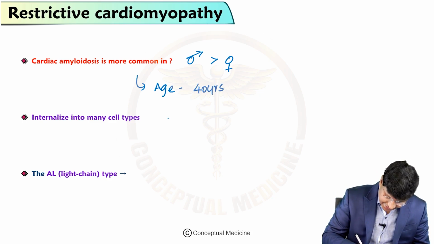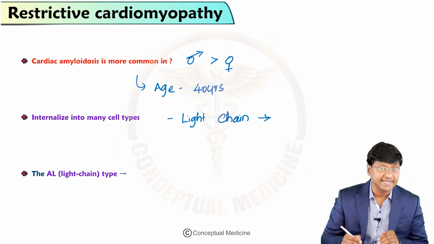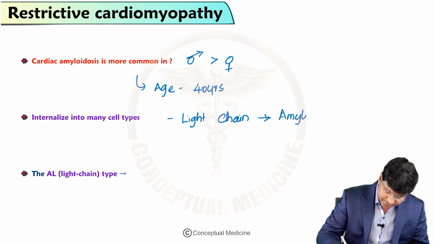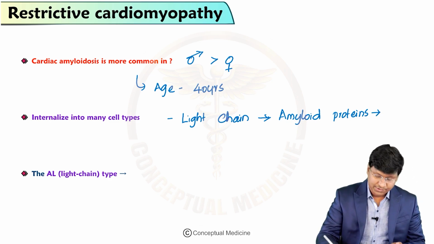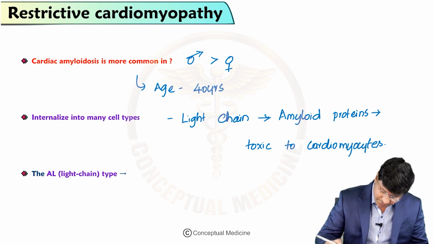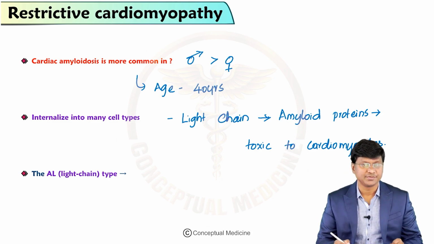Light chain amyloid proteins are toxic to the cardiomyocytes.